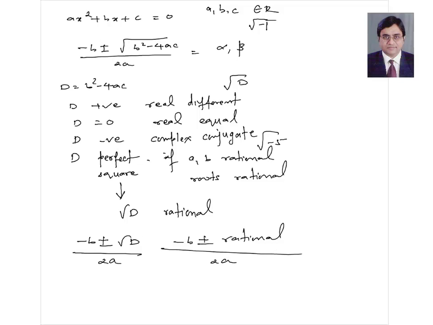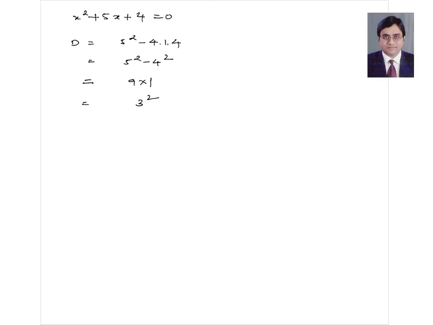Others means a and b. Look at a and b. Are they rational? They are rational. If a and b are rational, and if D is a perfect square, then the roots must be rational. So real, rational, unequal.